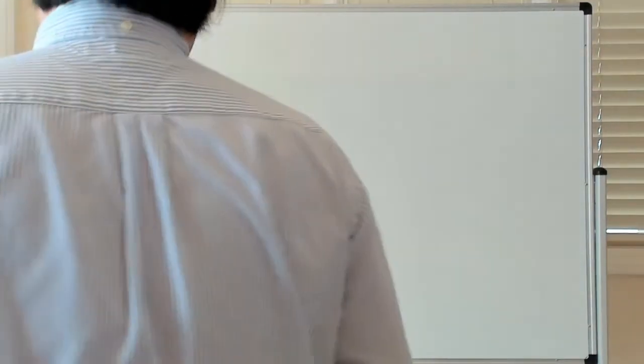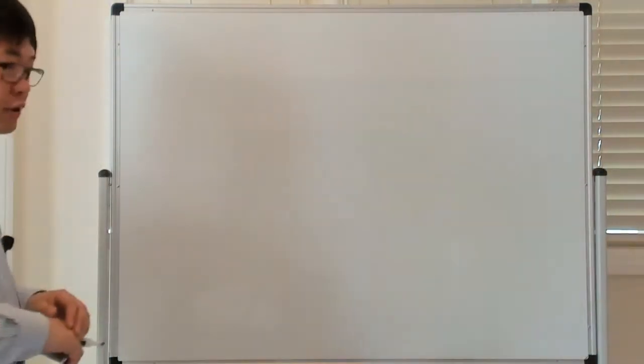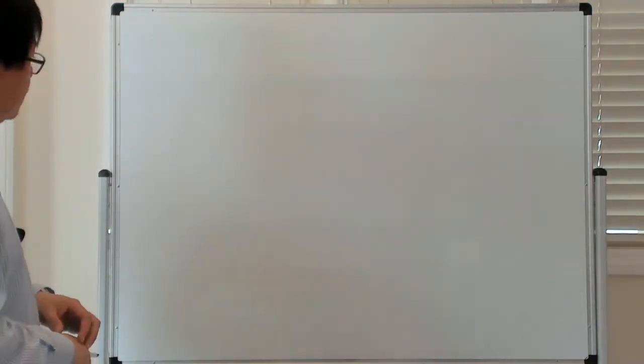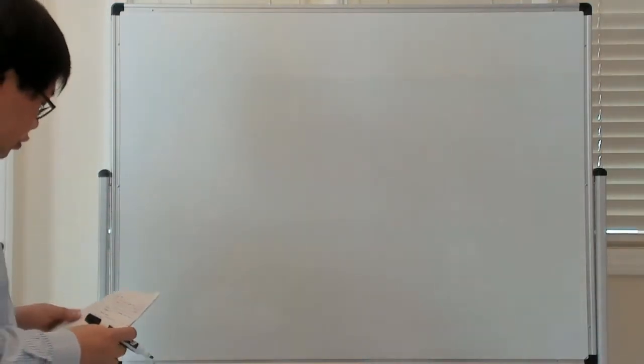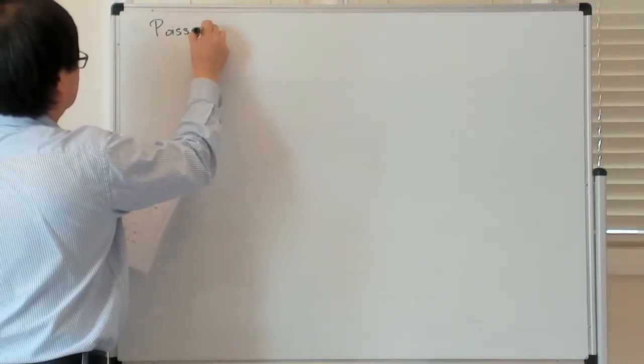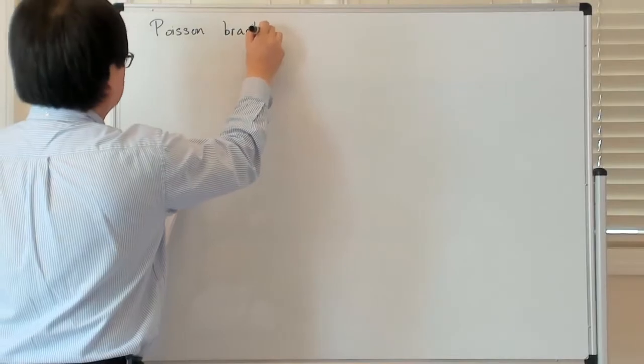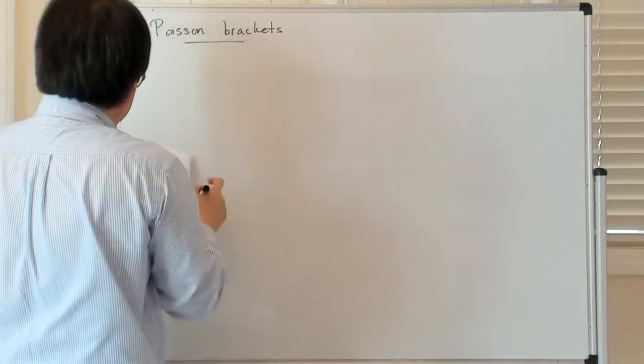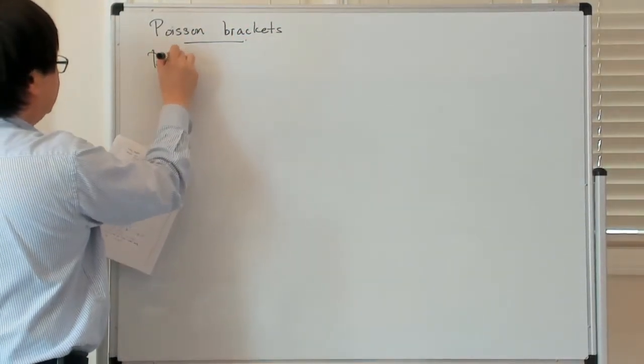Okay, so now I'm going to talk about Hamiltonian mechanics in terms of a structure which is related to symplectic structures called the Poisson structure, or Poisson brackets. Okay, so the definition is as follows.